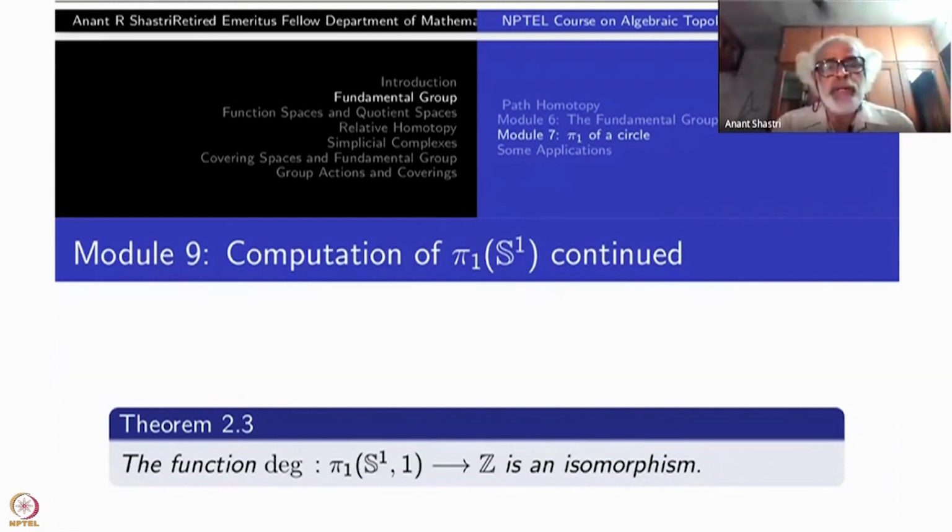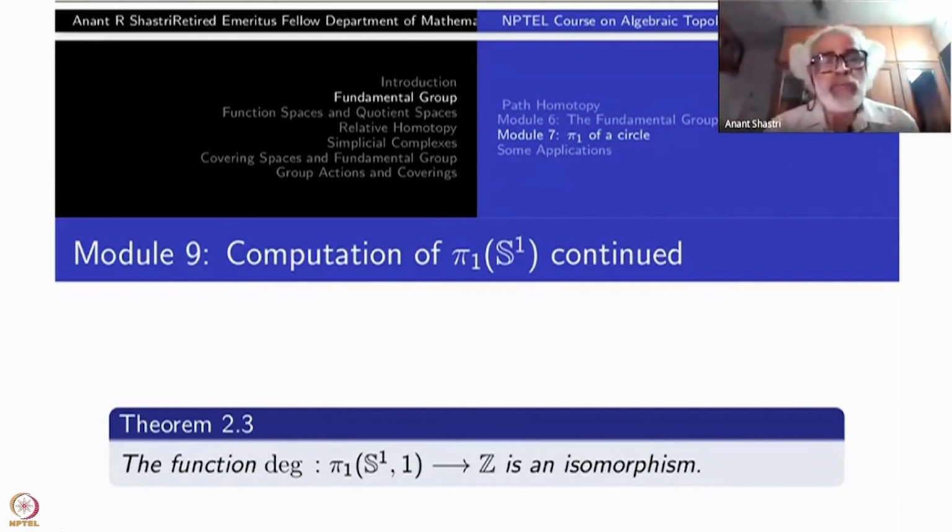We lifted this path to a map into R, namely, exponential composite that map is equal to the given loop. In doing this, we fixed the starting point to be 0. The end point of this path was the degree of the function, the class f.